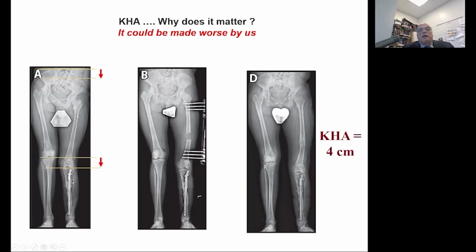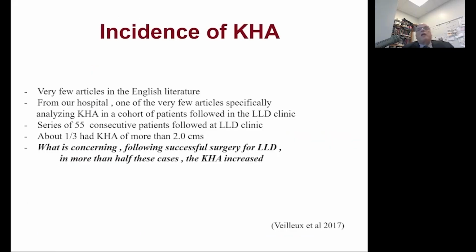The parents and the patient refuse to have anything done on the right side. You refuse to do anything on the left tibia, so you lengthen the femur to correct the LLD. Lengthening of 4 centimeters, you almost corrected the whole LLD. However, what happened is that you have a final knee height asymmetry of 4 centimeters.